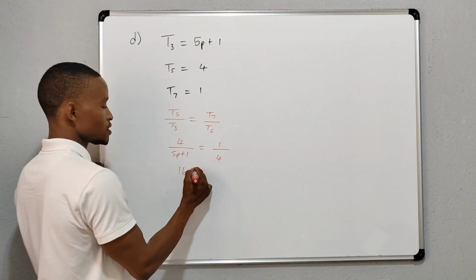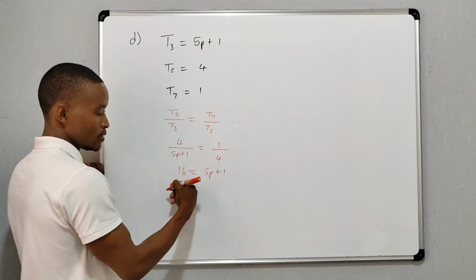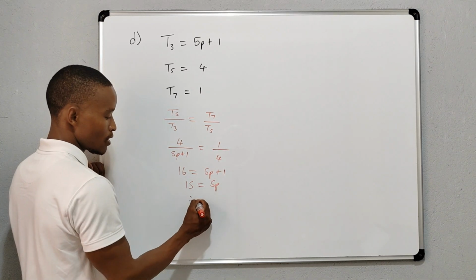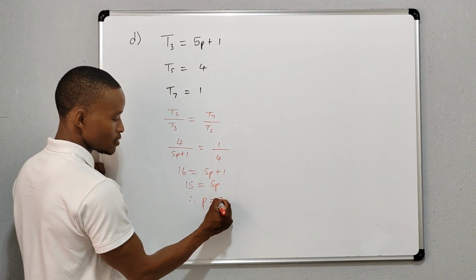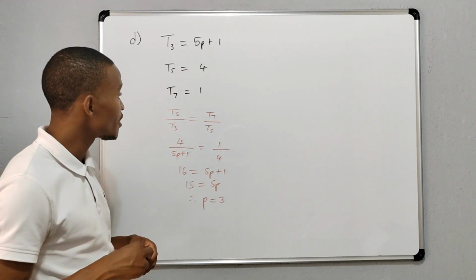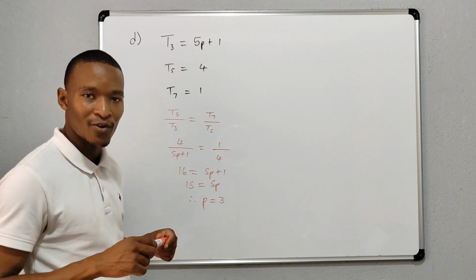Cross multiply, we have 16 equal to 5p plus 1. Transpose the 1, you have 15 equal to 5p, and therefore p is a beautiful 3. Okay, so this takes care of this question, and this is the end of question 4.